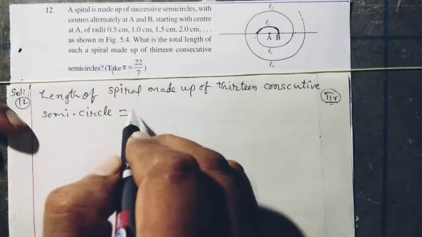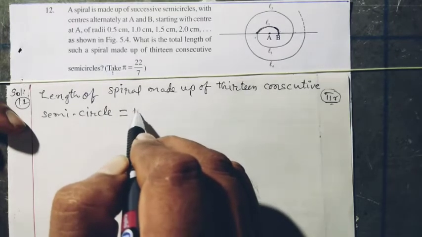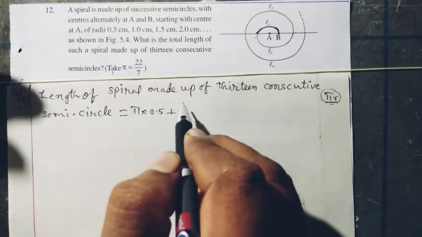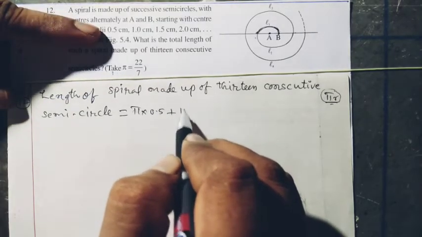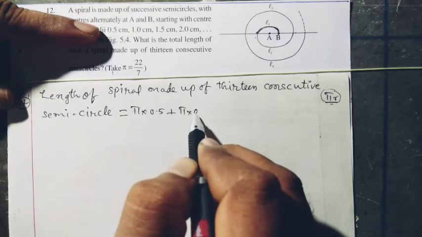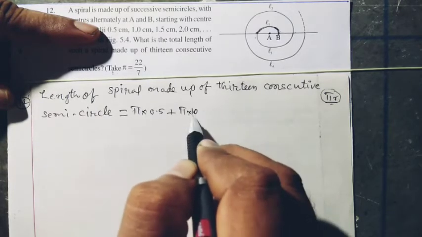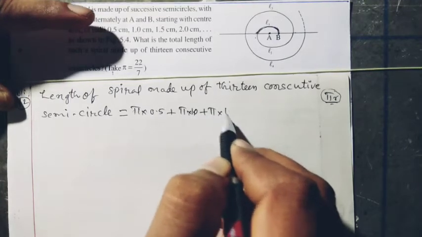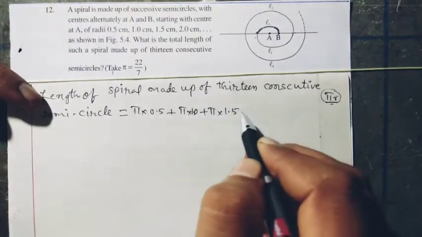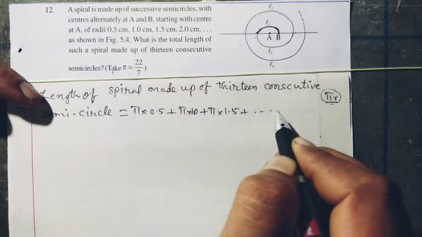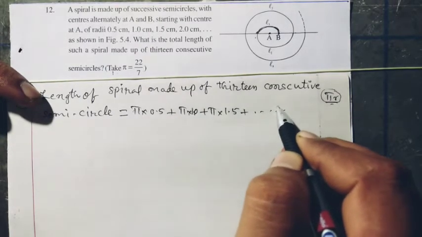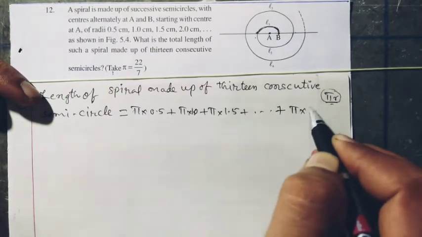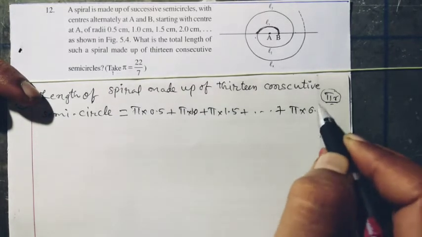So here pi into 0.5 plus pi into 1.0 plus pi into 1.5 centimeters and so on. The last one is pi into 6.5.